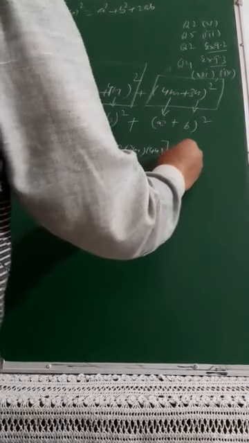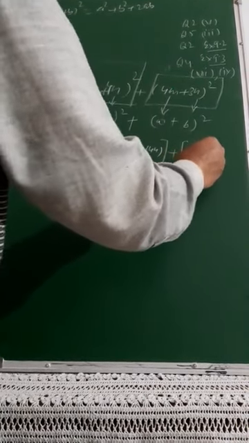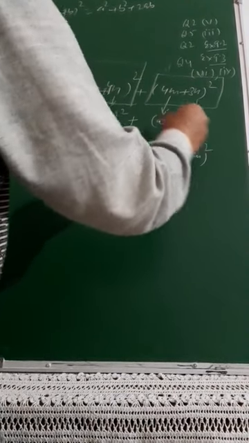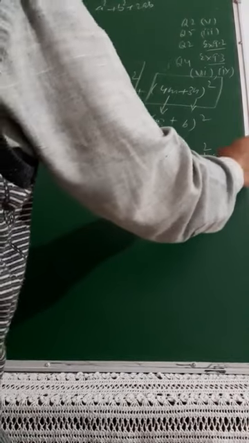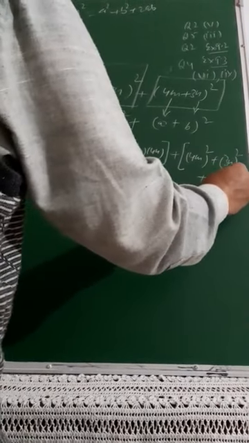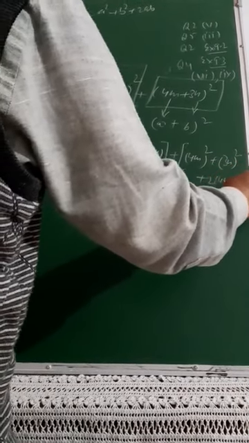Then similarly expand the second one also. Again that is a square, but now a is 4m and b is 3n, so 3n square plus 2ab, means 2 into 4m into 3n, and close the bracket.